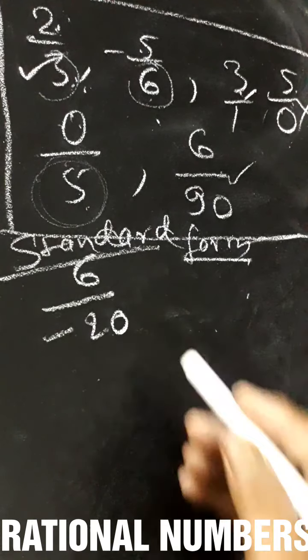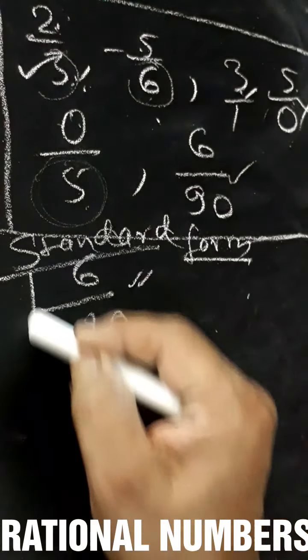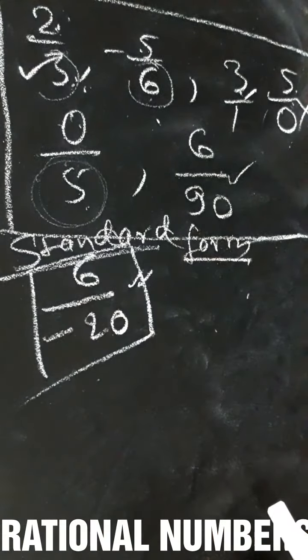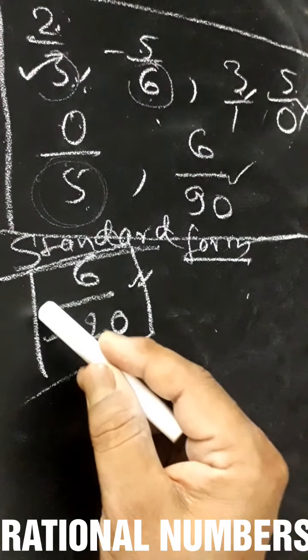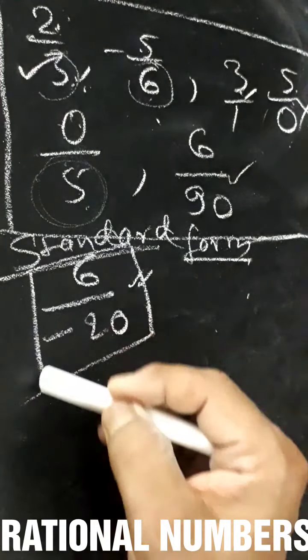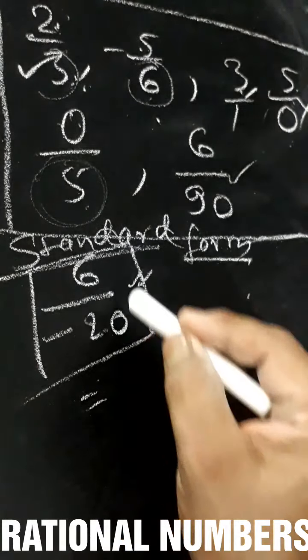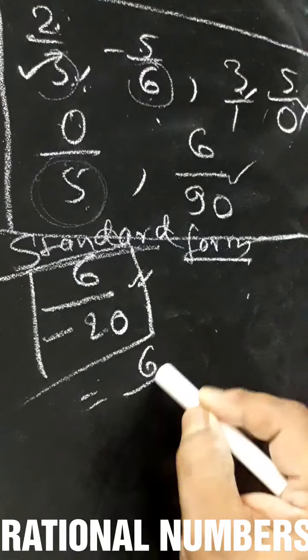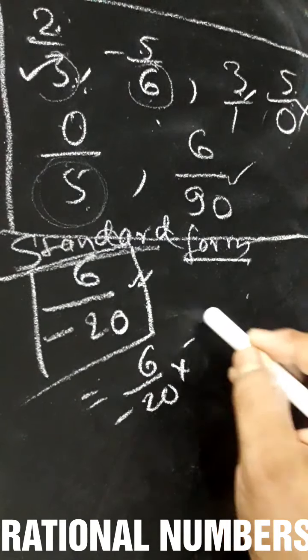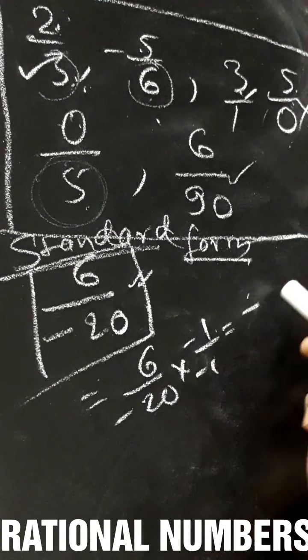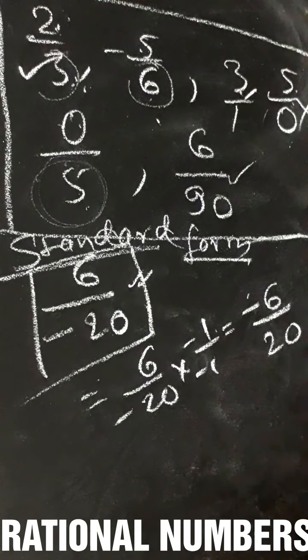First of all, we have to write it in lowest terms, and secondly the denominator will be positive. For this we can multiply both by minus 1. We have 6 upon minus 20, we will multiply by minus 1 upon minus 1. It has become minus 6 upon 20.